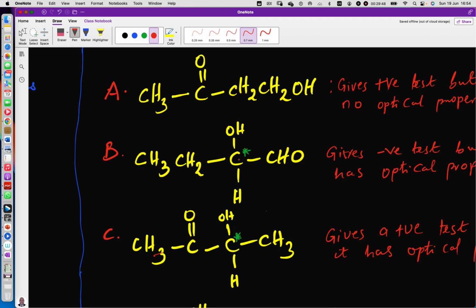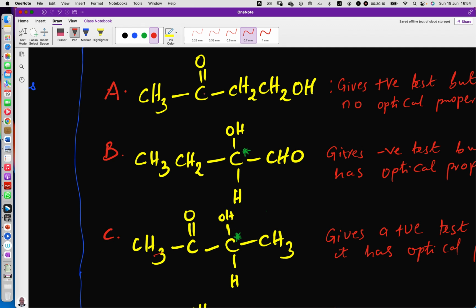For example, this one has an aldehyde group, hydrogen, an OH group, and an ethyl group. This one has optical activity because it can show optical isomerism, because it has 4 different functional groups.